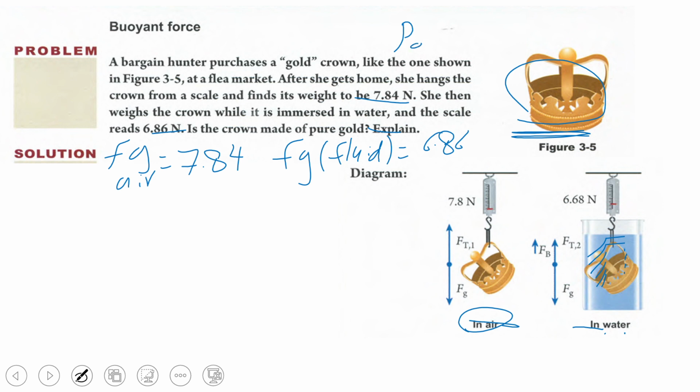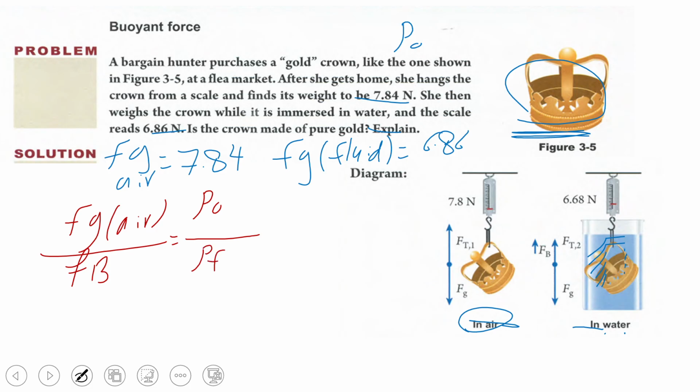How can we find the density of this object? What was the rule? The rule: Fg of the object in air over the buoyant force is equal to the density of the object over the density of the fluid.